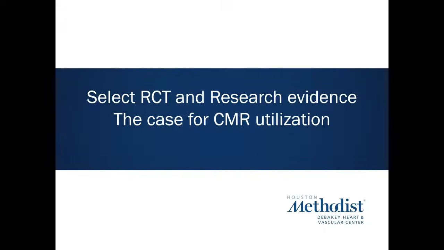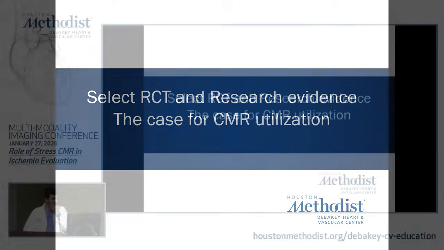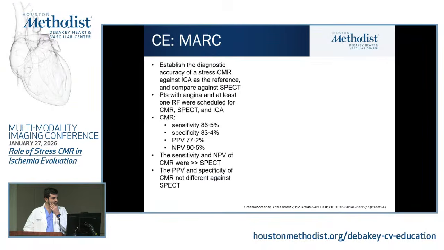So let's talk a little bit about various randomized trials and some evidence for using MRI. So this is an older study, the CE-MARC study that established diagnostic accuracy of MRI against cath and then compared it against SPECT. People with angina and risk factors underwent all three tests, very high sensitivity and specificity of MRI. They were higher than SPECT.